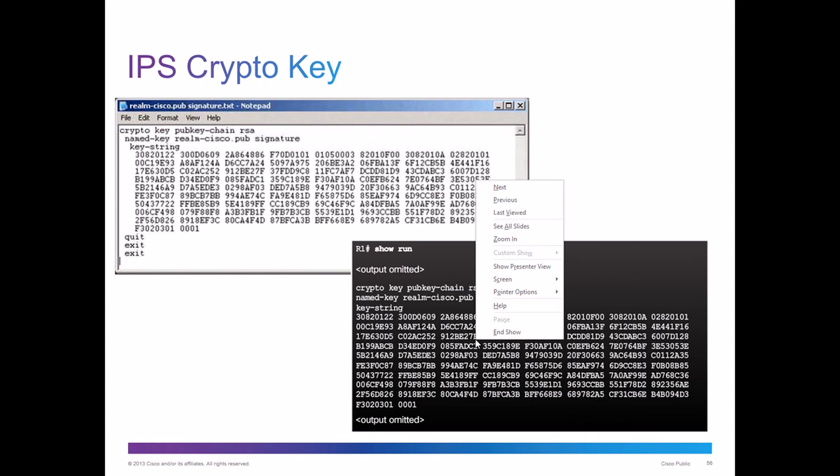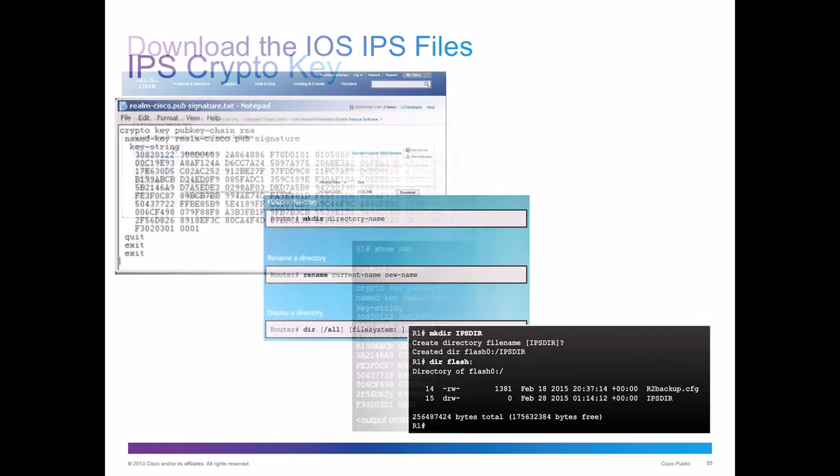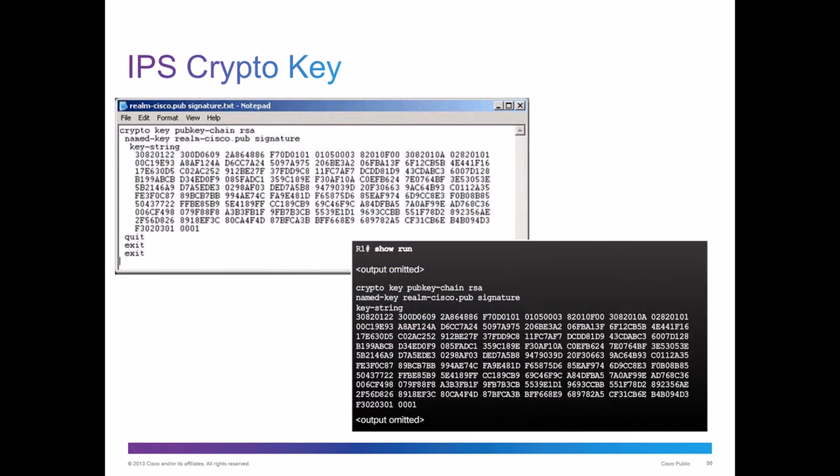Sorry, let me go back a little bit. You can rename it, but make a directory. That's it. The next thing you're going to do, this is really the third step, is to copy the crypto key. There's a file that I'll give you in addition to the signature file, and you open it up.